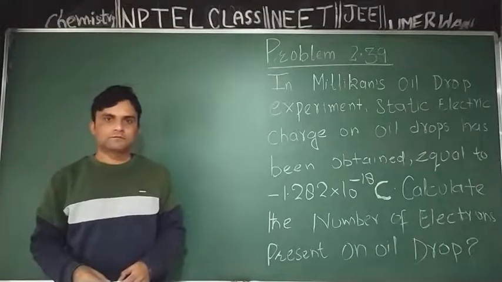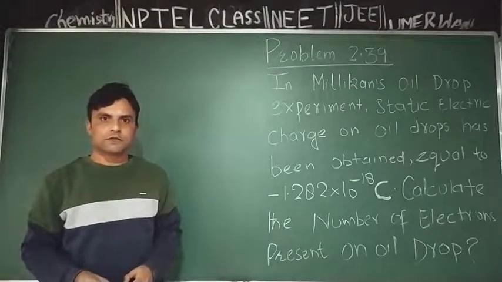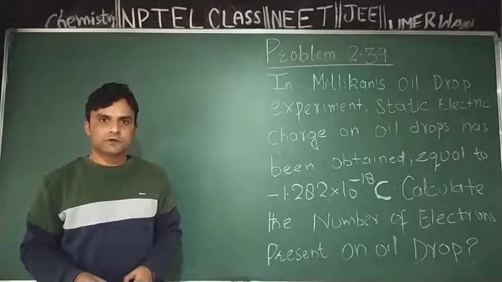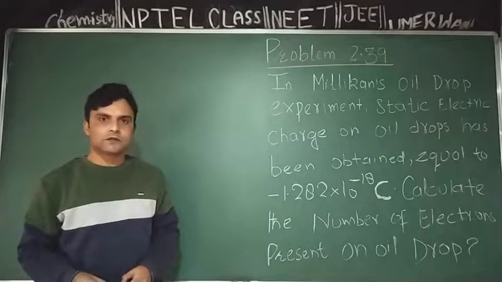It is given that during Millikan's oil drop experiment, magnitude of charge on oil drops was observed equal to minus 1.282 into 10 to the power minus 18 coulombs.